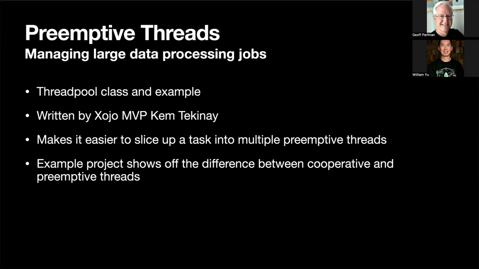So if you want to experiment with preemptive threads, I highly recommend looking at Threadpool, especially if you're going to have a project where you need to break up a job into multiple parts and have lots of preemptive threads running to get it done as quickly as possible.